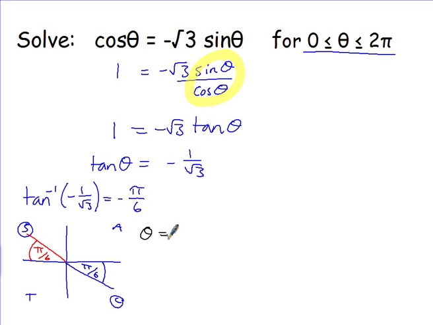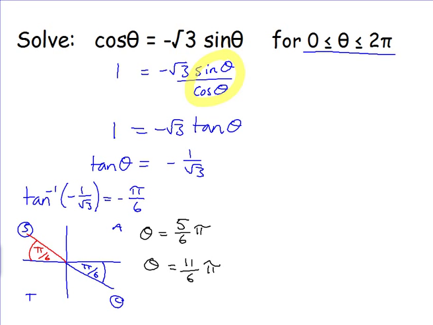So our solution in the second quadrant will be 5/6 pi, and our solution in the fourth quadrant will be 11/6 pi. And there are no more solutions within our range of values of theta.